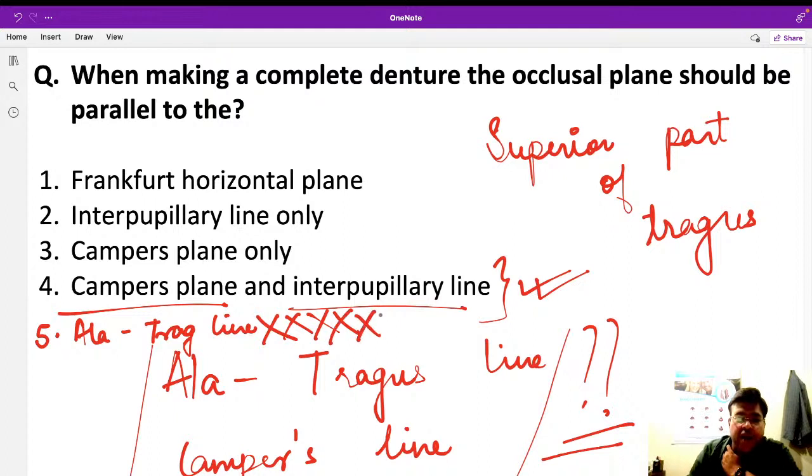So Camper's plane and interpupillary line. They are going to give you a complete plane. For the posterior you have from ala to the superior border of tragus. For anterior you have the interpupillary line, right?